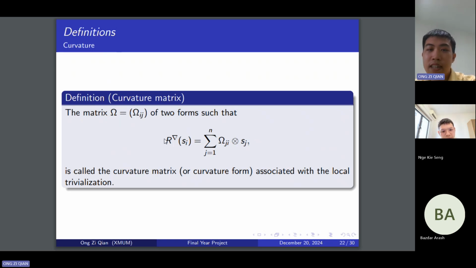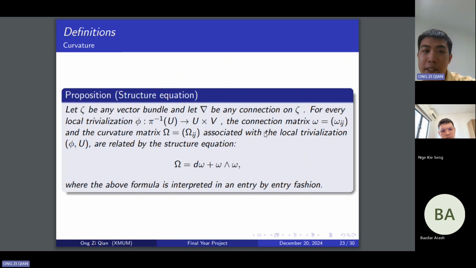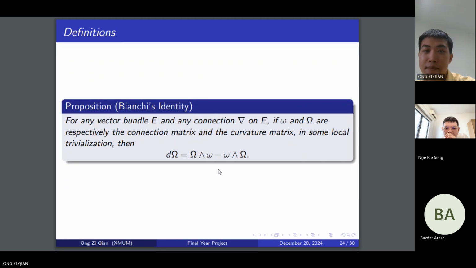And then the curvature can be represented by a matrix. And actually, the connection I mentioned before can also be represented by a matrix in a similar way. And then we have the structure equation. It says that the curvature matrix can be linked with the connection matrix by this formula, which is d omega plus omega wedge omega.